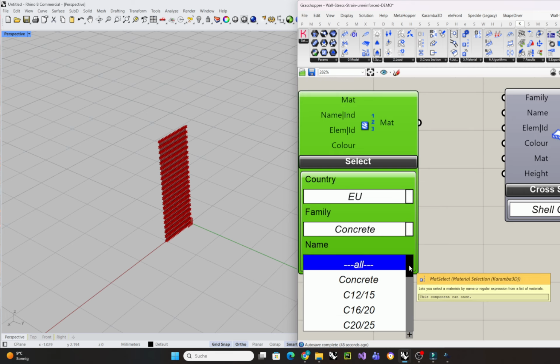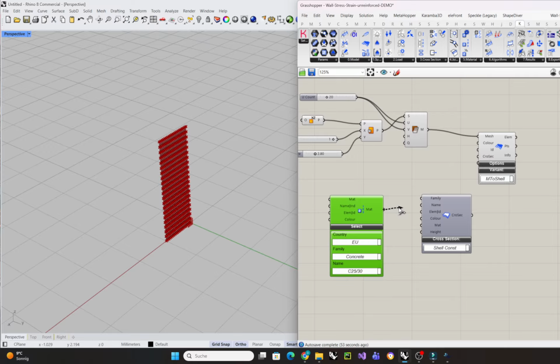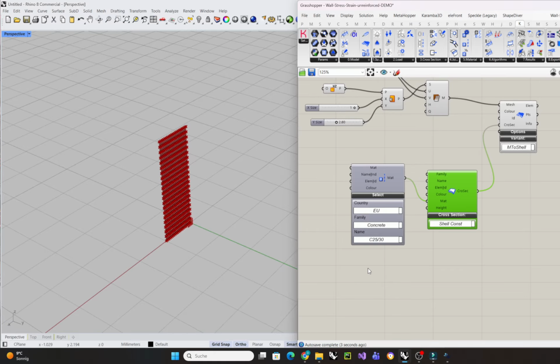Let's say it will be C25/30. This goes to material, this goes to cross section. And the height of the plate, the wall thickness, will be 20 centimeters.